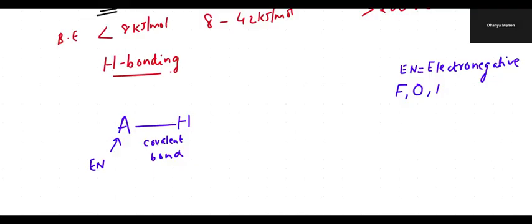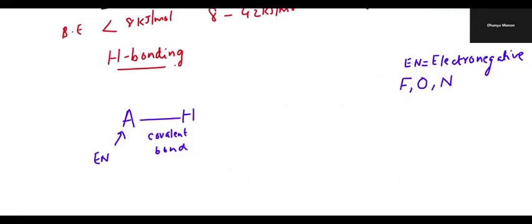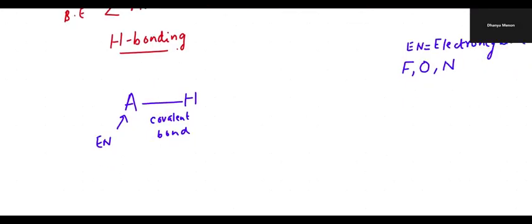Okay. So all these are highly electronegative atoms. So if they are highly electronegative, that means A is highly electronegative. So if A is highly electronegative, that means it will pull the electron pair towards itself, giving a slight positive charge to the hydrogen, and A itself becomes slightly negatively charged.